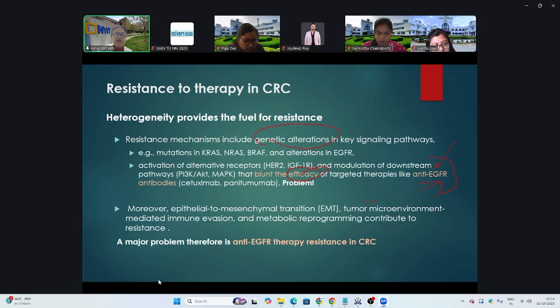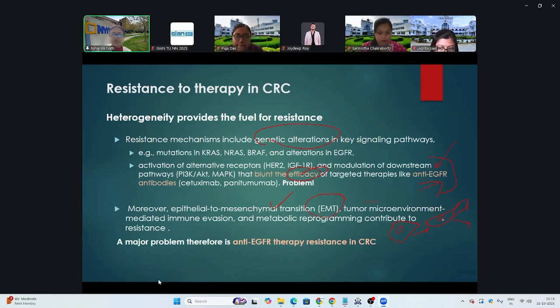Lastly, resistance to therapy can occur because heterogeneity can also fuel EMT. Remember, we talked about EMT, epithelial to mesenchymal transition. That means those cells that were polygonal turn to this kind of shape, and then they squeeze in and can go through places.